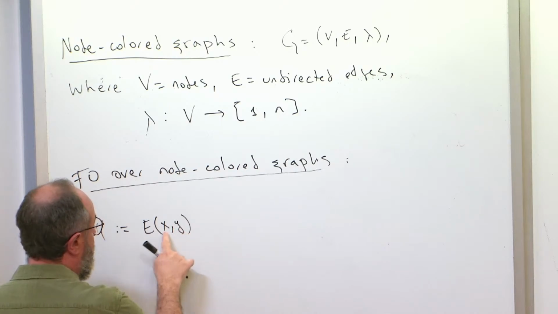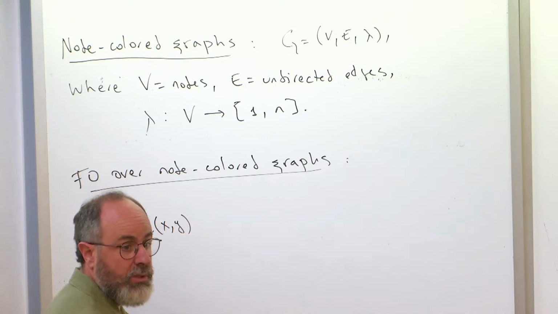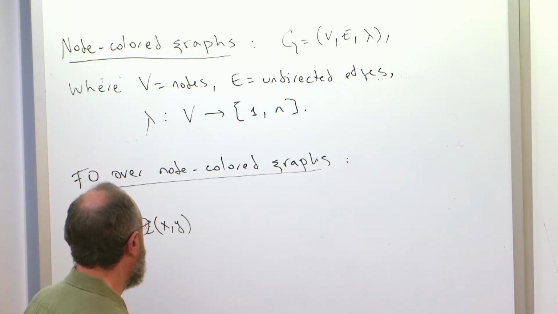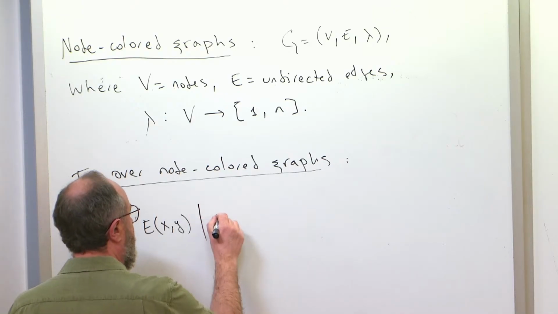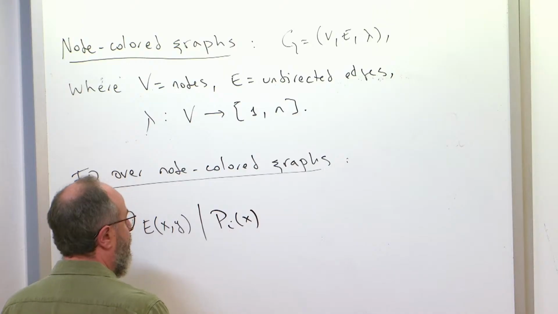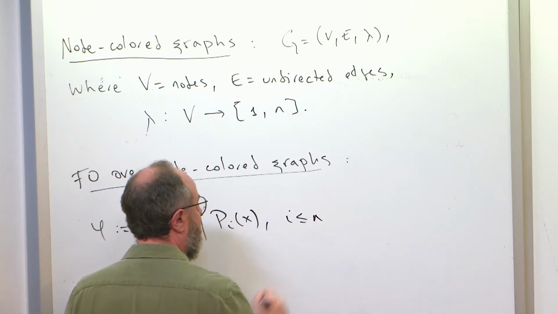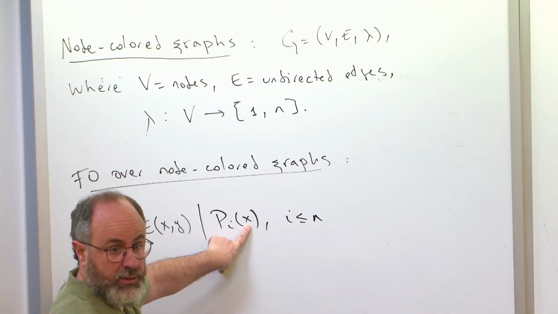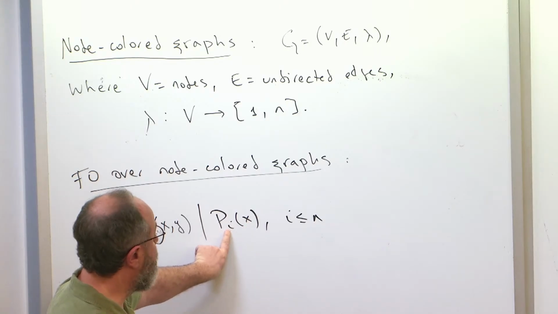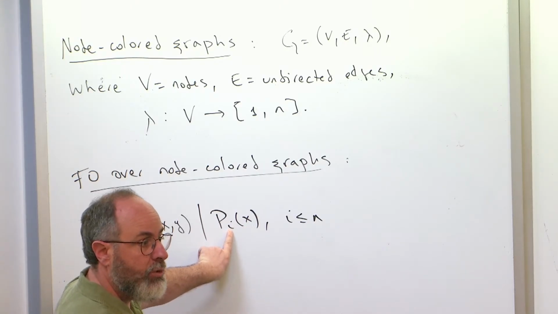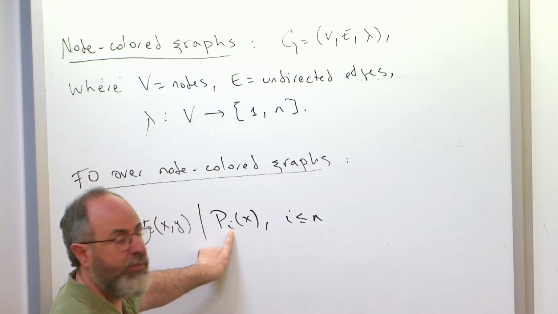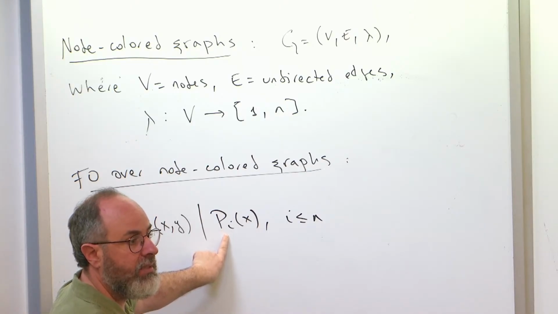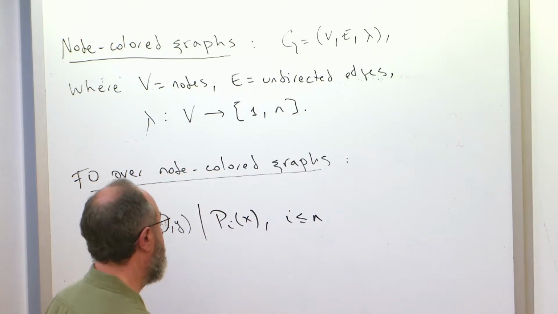You can say that two elements, which represent nodes in the node-colored graph, are linked by some edge. You can also say P_i of x, where i is less or equal than n. It means that the node that interprets x has color i. So for each color i, we will have a unary predicate P_i that tells me whether this node has this color or not.